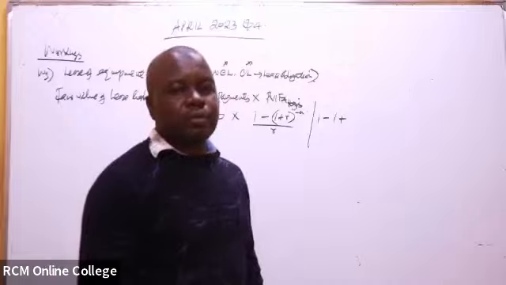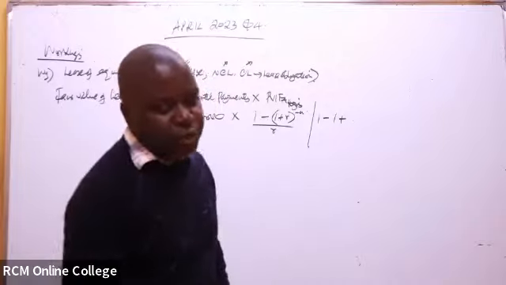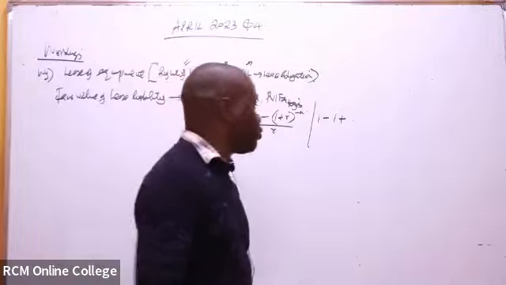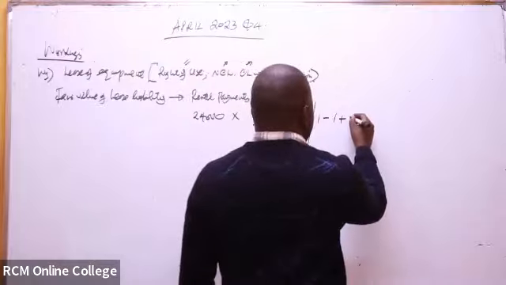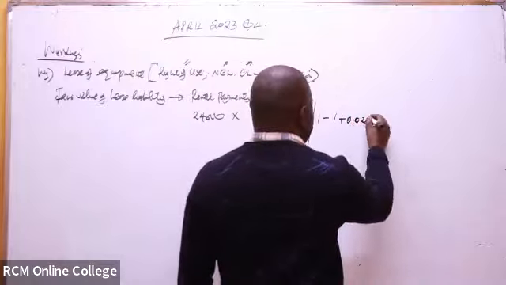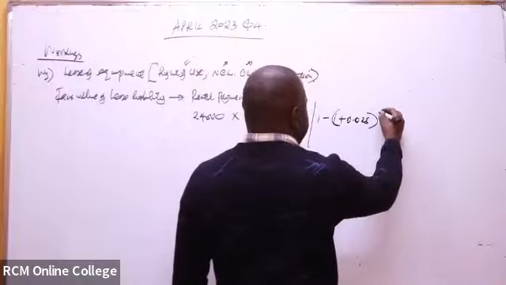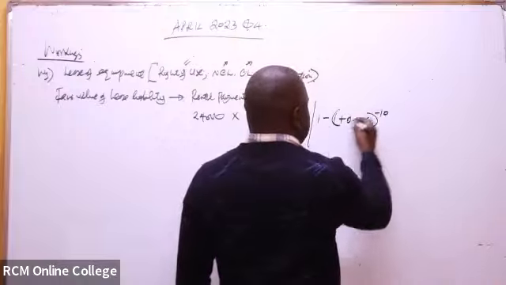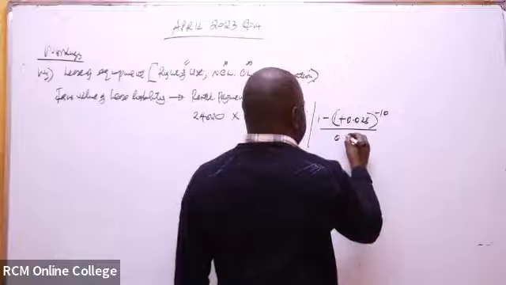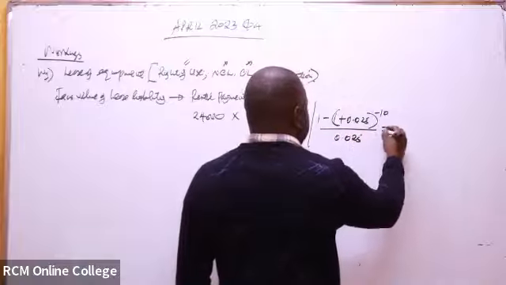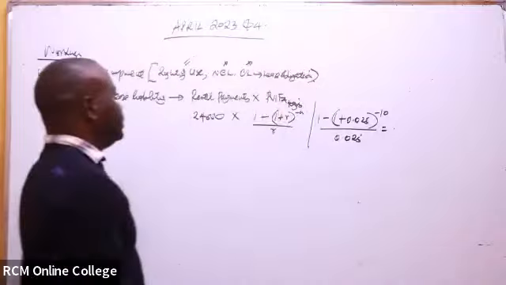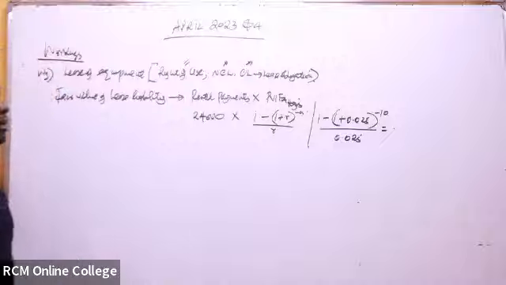Your teacher for FM will tell you to divide by 2. If it is quarterly, you divide by 4. So this one is 0.025, raised to negative 10 over 0.025. So what are you getting as the lease liability?